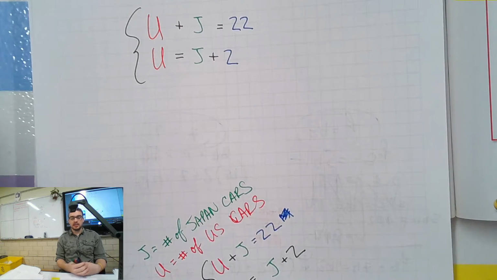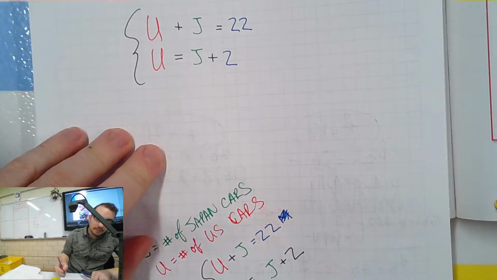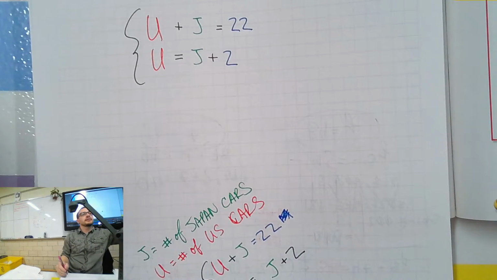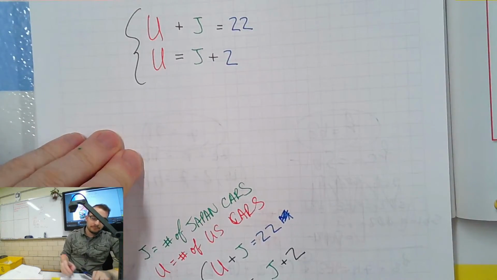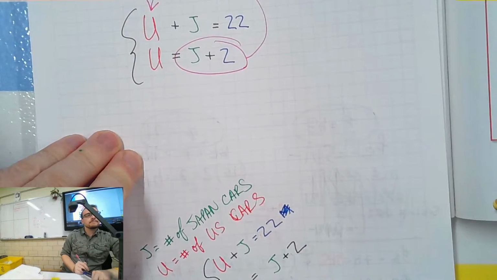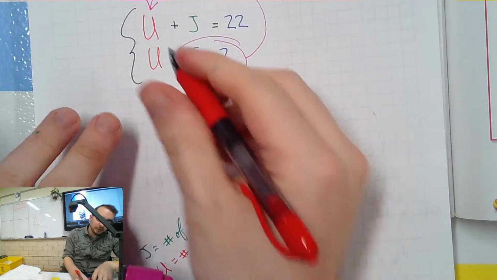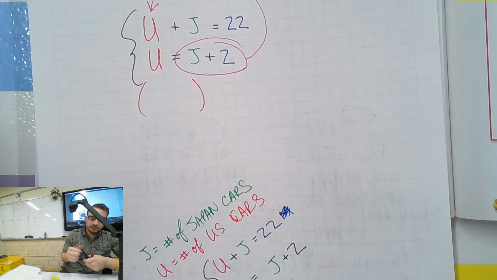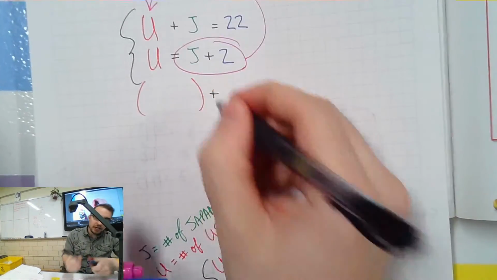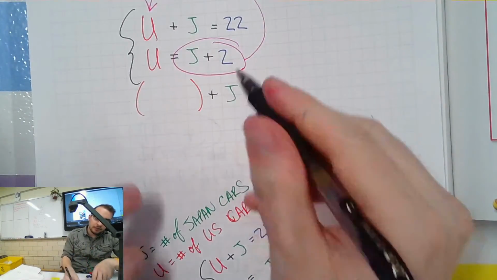Because I think a lot of people hear that and they're like, what? Yeah, exactly. So instead of writing U plus J equals 22, we're going to write whatever U is plus J equals 22.